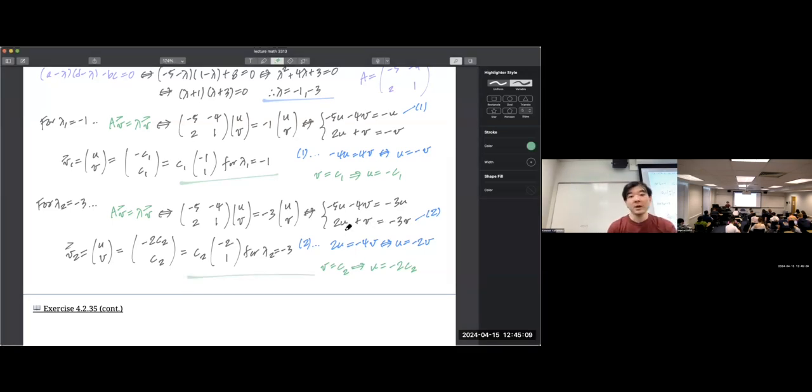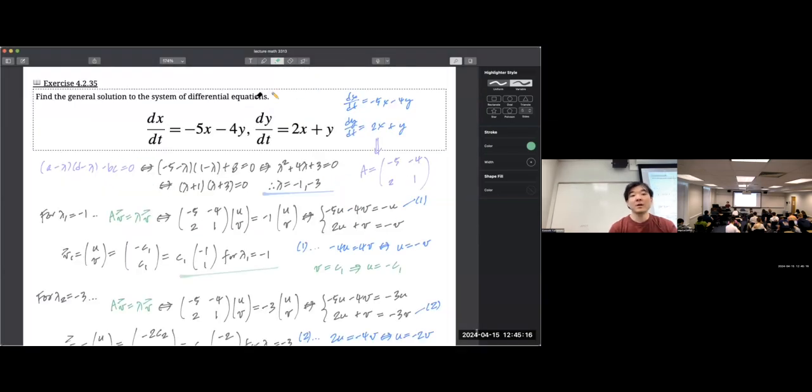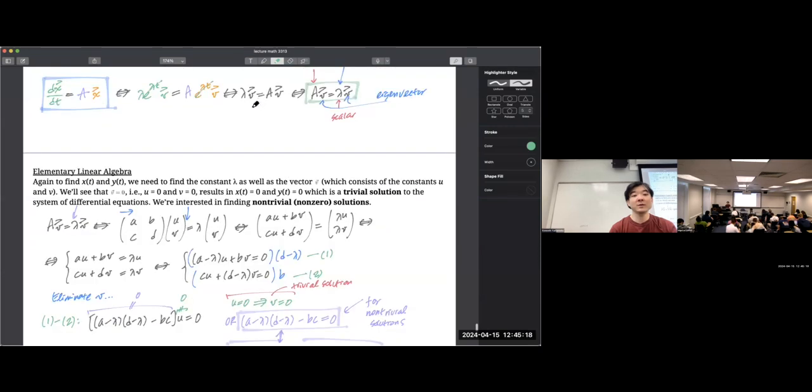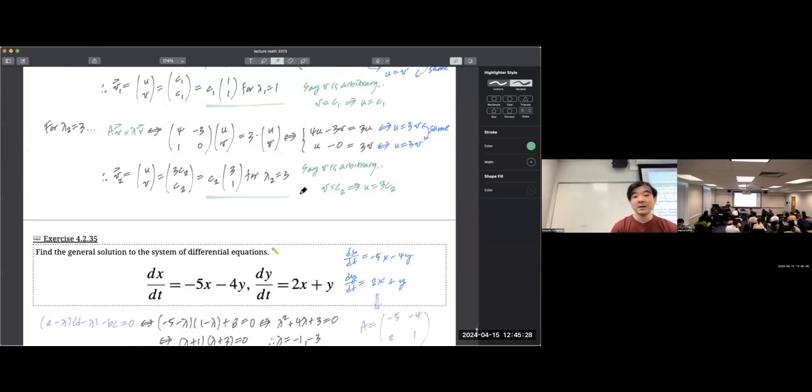All right. How does this connect to the solution of our differential equation? So look, this was our whole point of doing this, we just found lambdas and u's and v's. There are multiple lambdas and there are multiple u's and v's, but this is going to be our solution form. So recall this. I'll just copy that down here.